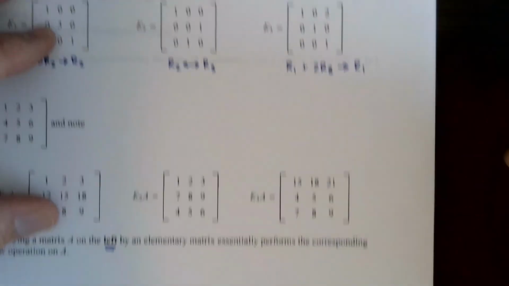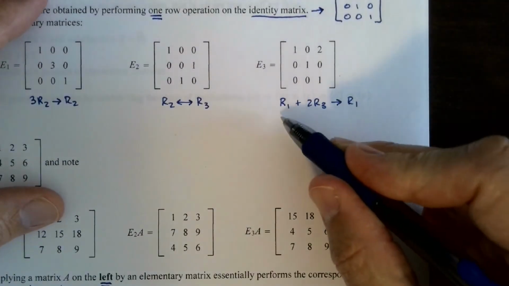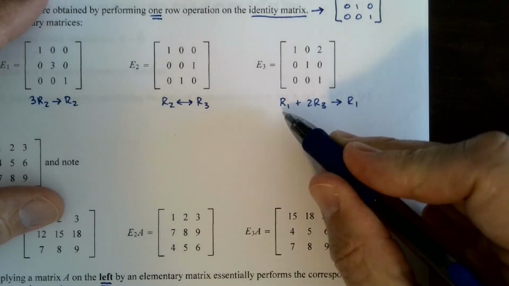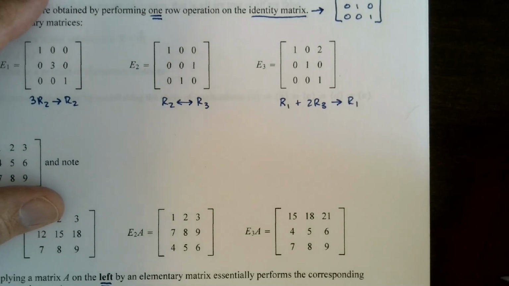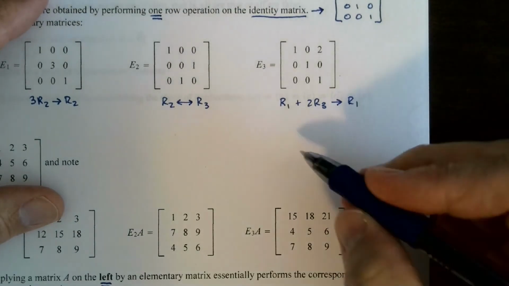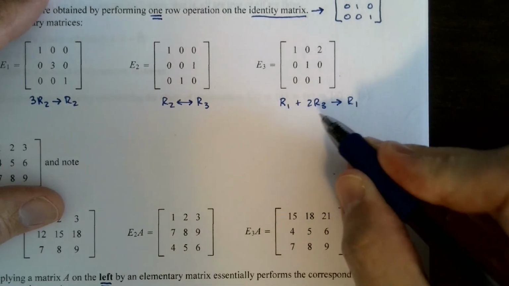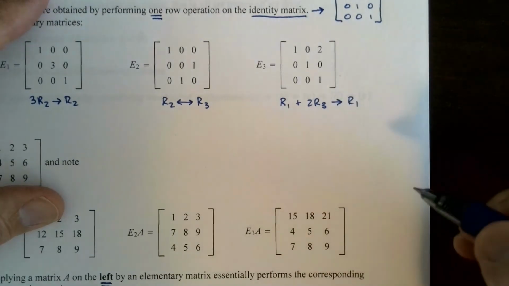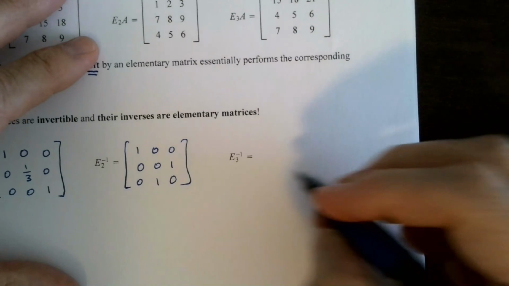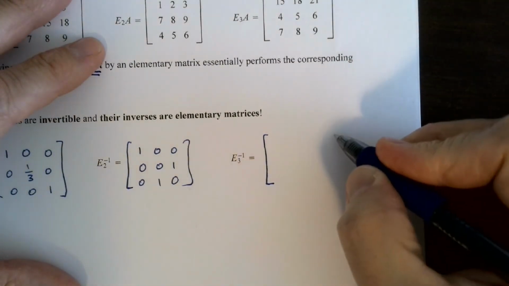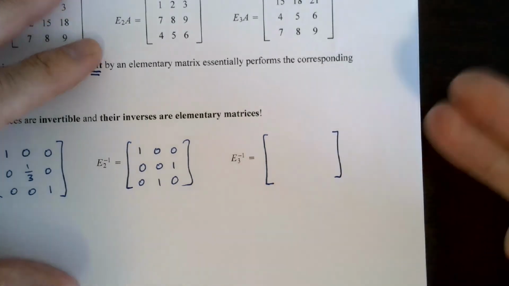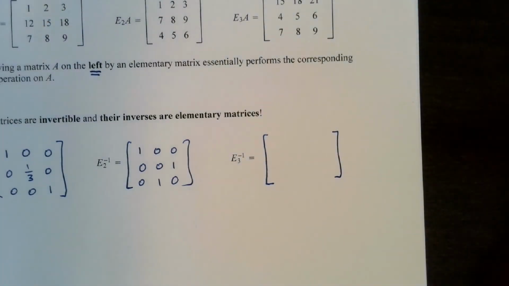Okay, the last one's a little tricky. How do I undo adding 2 times row 3 to row 1? Let you think for a minute. Undoing that operation is done by subtracting 2 times row 3 from row 1. So what would the matrix look like if I subtracted 2 times row 3 from row 1, or added negative 2 times row 3 to row 1?